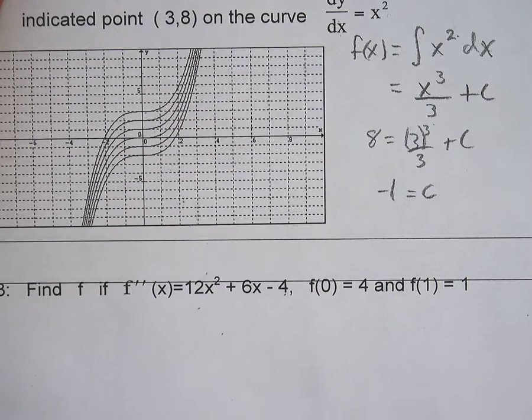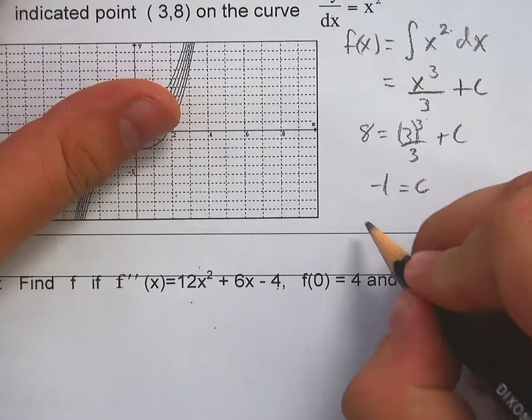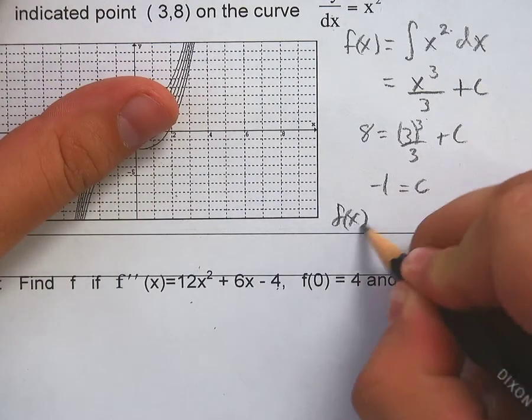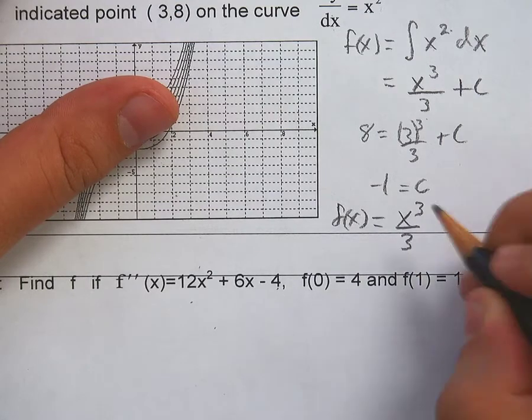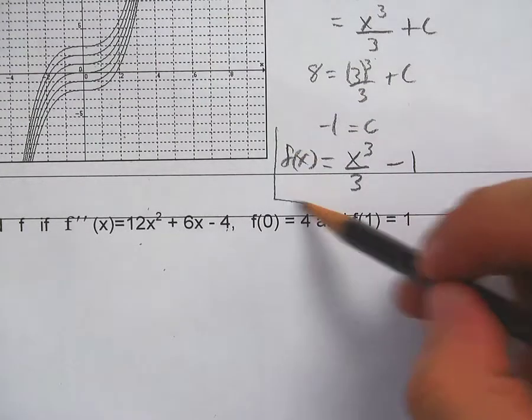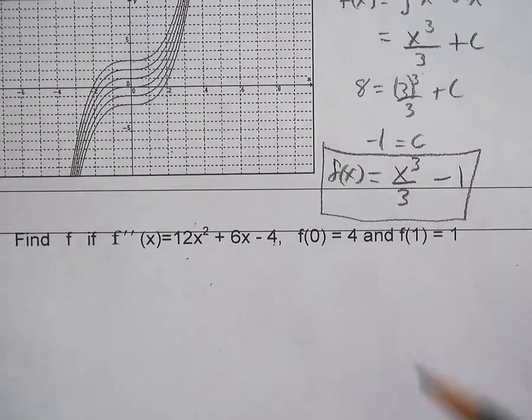So now all I have to do, and I'm sorry for these 2 lines on the paper, is rewrite my equation. F of x is x cubed over 3 minus 1. And now I have a specific function that I can model.